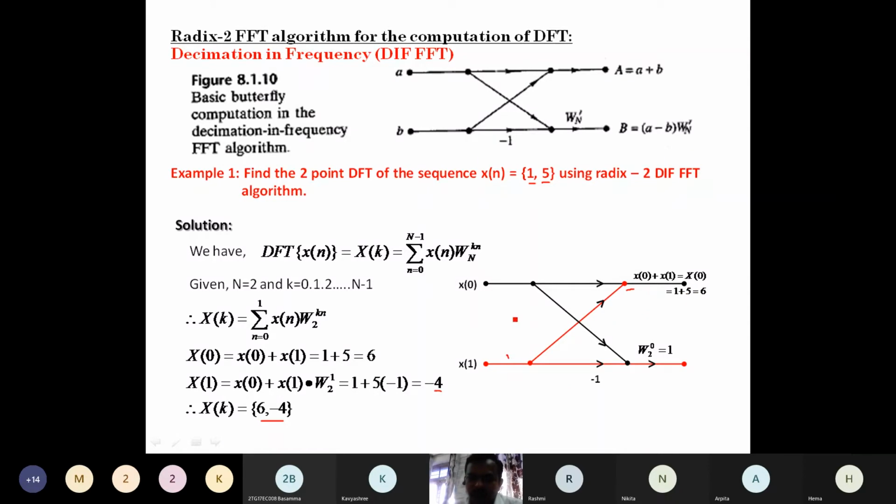This is 1, this is 1, and this cross connecting line is also 1. Therefore 1 into anything, the answer remains the multiplier. So x of 0 plus x1, by substituting the values, is 1 plus 5, equal to 6. Similarly, calculate the second output line. What is that?